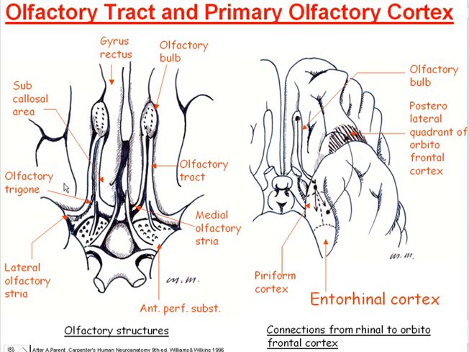The important connections are present between the piriform cortex, which covers the amygdala, and the entorhinal cortex in the most anterior portion of the parahippocampal gyrus. Those are the areas connected to the orbital frontal cortex and also have a very intimate relationship with the olfactory bulb.